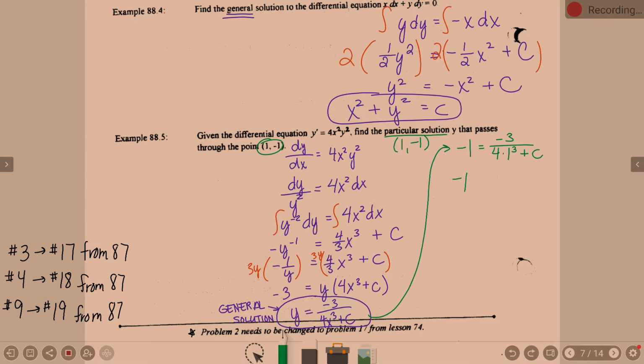Clean it up. -1 equals -3 over 4 plus c. We have 4 plus c in the denominator here. So what if I multiply the 4 plus c to the other side? I'm going to multiply the 4 plus c.